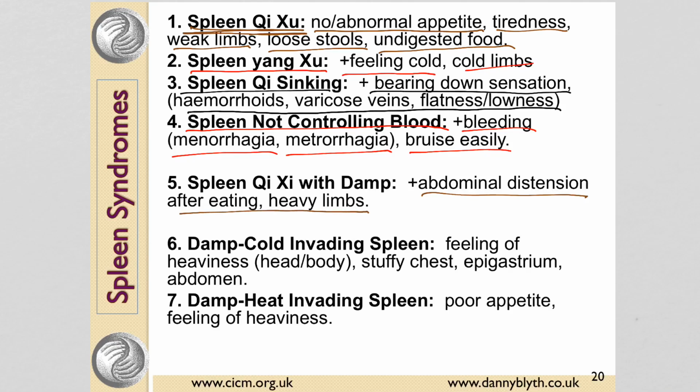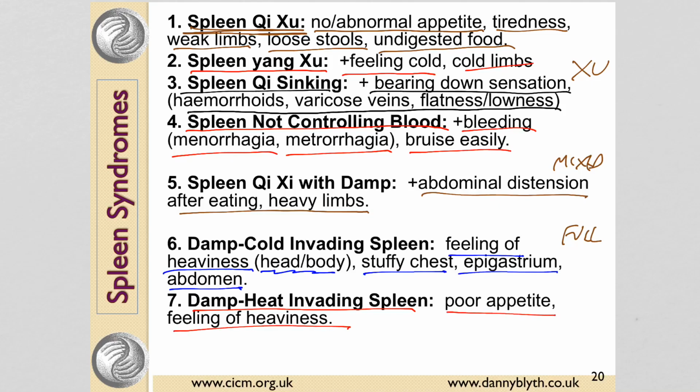And then the two full conditions, so these are our empty conditions, this is our mixed condition, our two full conditions. Damp cold invading the spleen, we get feeling of heaviness in the head and the body, stuffy chest and epigastrium and abdomen, and with damp heat invading the spleen, main signs poor appetite and feeling of heaviness.